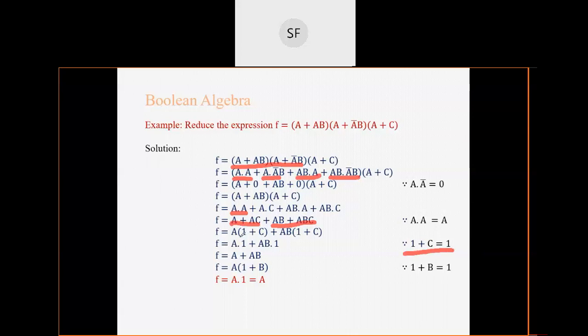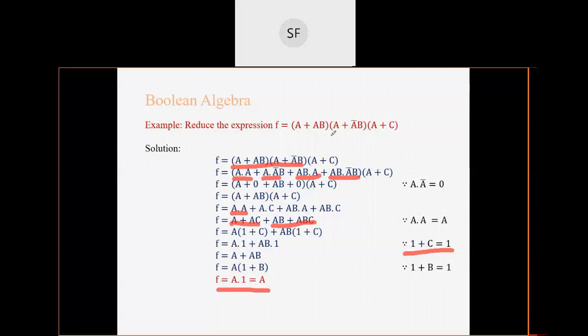So this bracket becomes 1, this bracket becomes 1. Finally what you get is a plus ab. Now again I have taken a common, so the remaining bracket is 1 plus b, and again 1 plus b is equal to 1. So finally I got the simplified Boolean expression as f equals a.